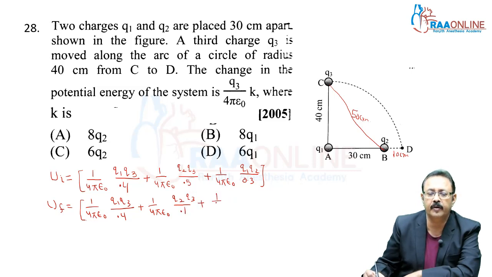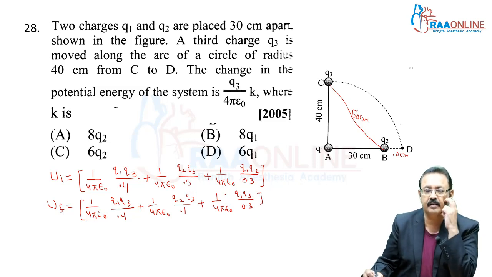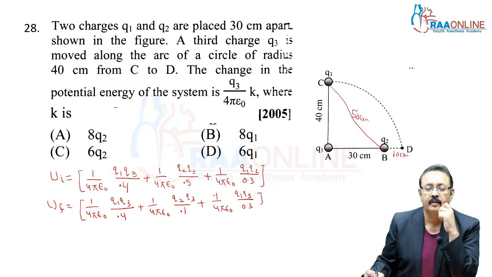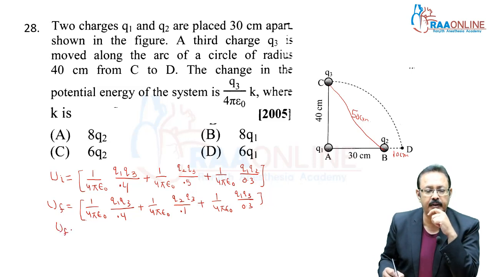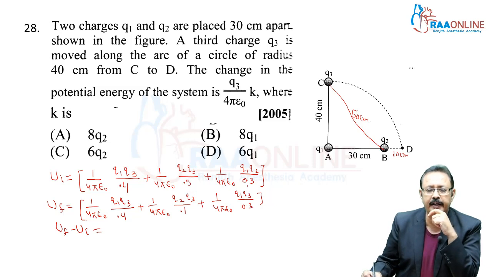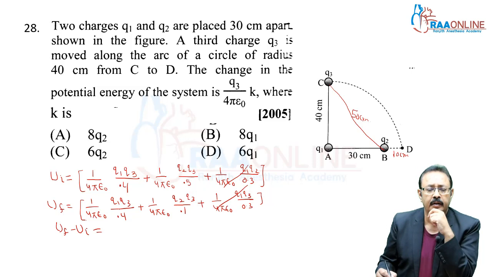And 1 upon 4 pi epsilon naught for that system of charges Q1, Q2 by 0.3. We want the difference UF minus UI. If you are not writing this, no problem, it will be cancelled out.